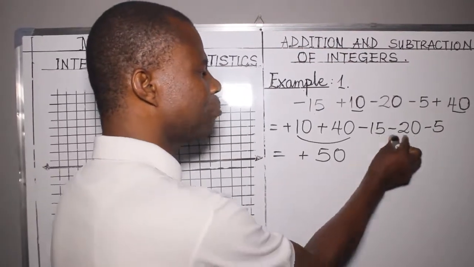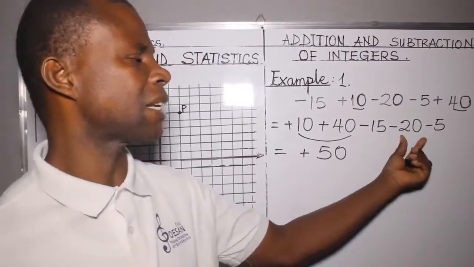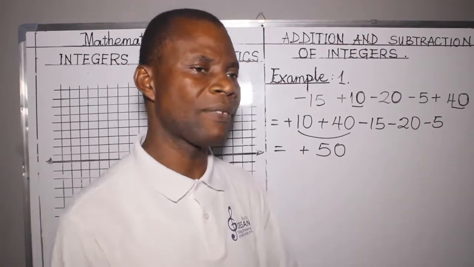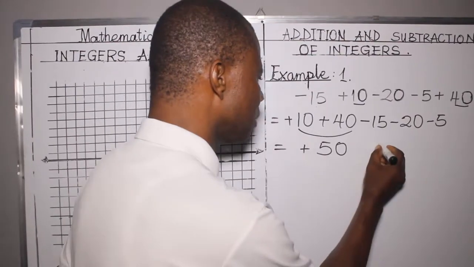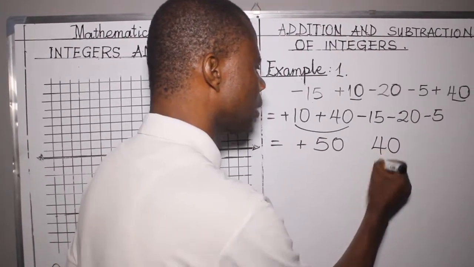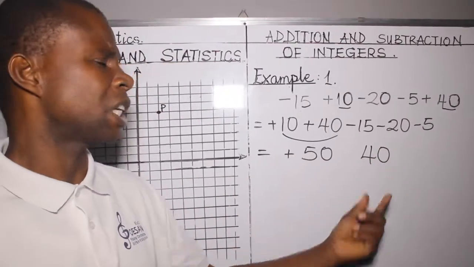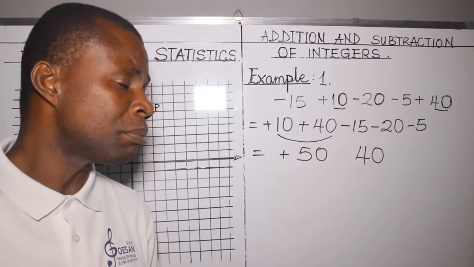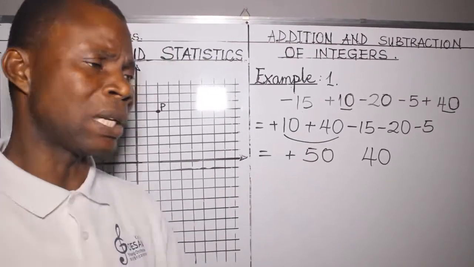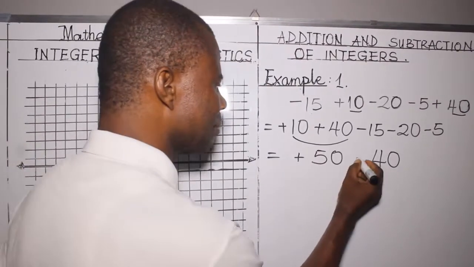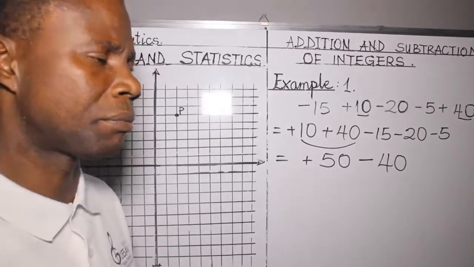So 15 plus 20 gives us 35. 35 plus 5 gives us 40. And because they are negative integers, it means it will be 40 away from the 0 on the number line. Therefore, it is minus 40.